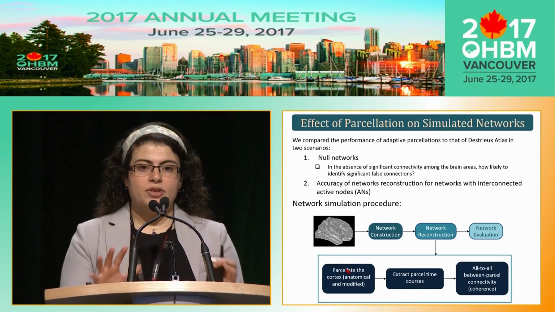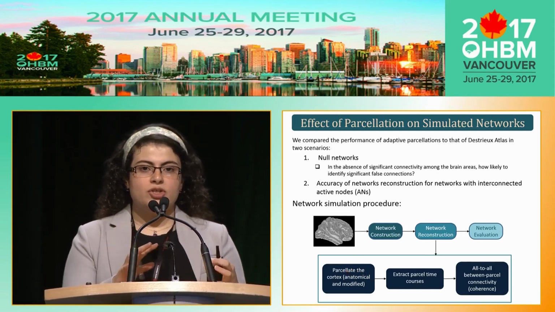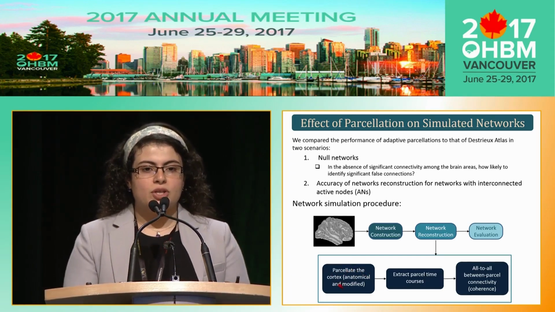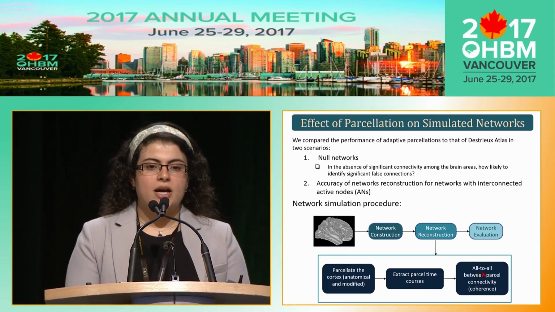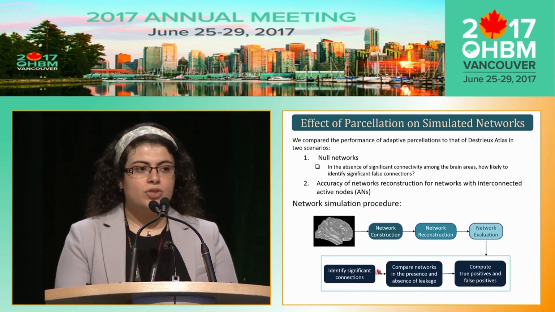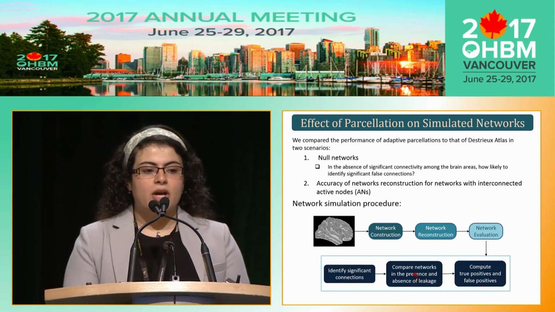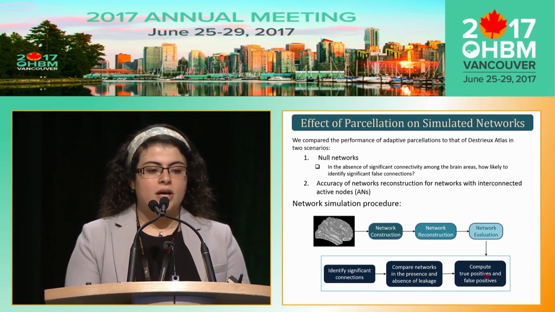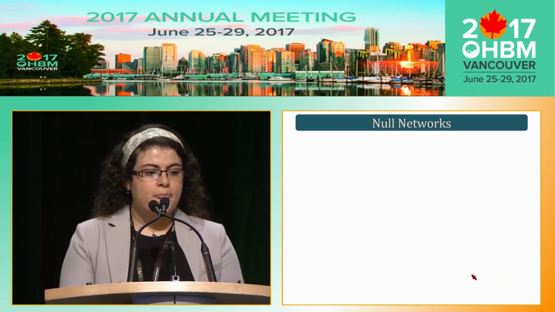Then, having these simulated networks, which the parcellations are completely uninformed about, we parcellated the cortex using each of the parcellations, extracted RI time courses, and used coherence to find a connectivity matrix. And finally, in order to evaluate, we identified the significant connections and compared the networks in the presence and absence of leakage, and we calculated the number of true positives and false positives.